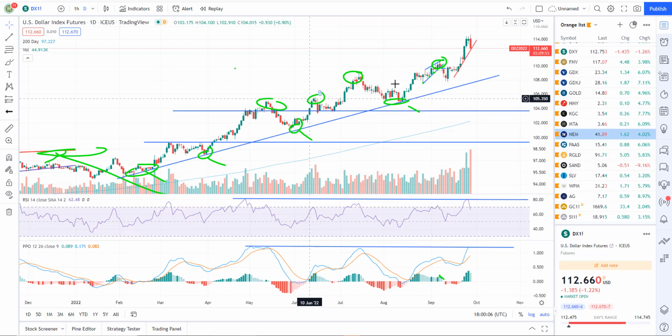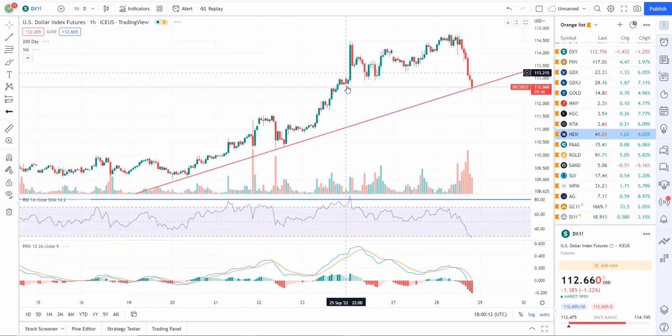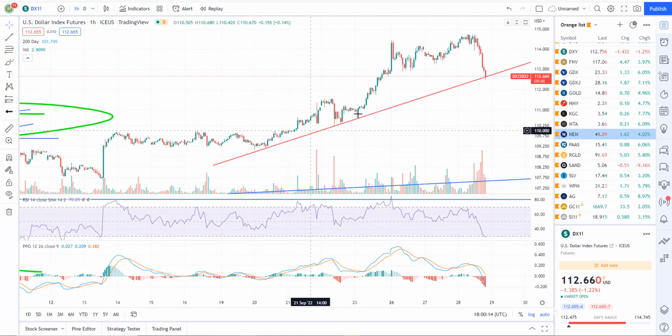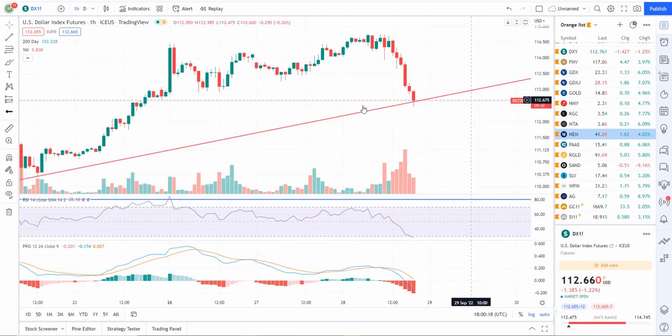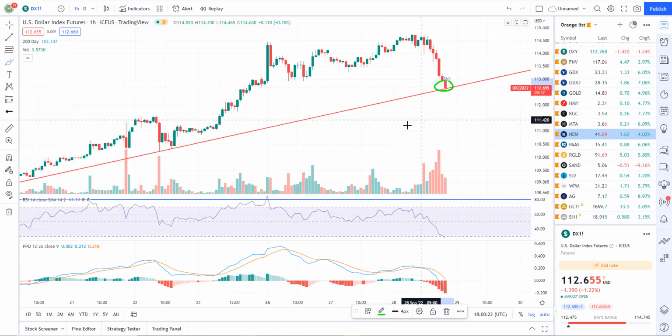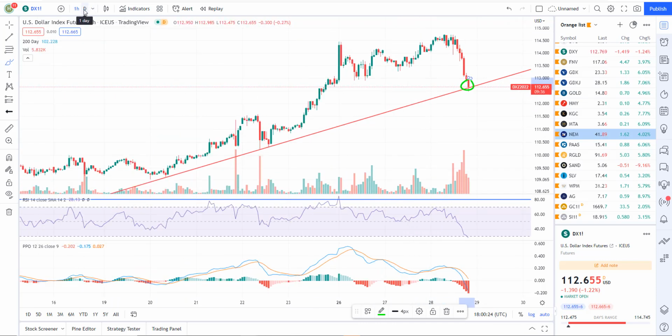On the daily chart, we have this bullish uptrend, so it tells me the trend's about to reverse, but we don't have any breaks of trend. If I go to the hourly chart, I've got a short-term trend right here. This is the parabolic move that the dollar's been in, and you can see we're just trading right down to there, and the buyers are holding it up so far. So no change there.